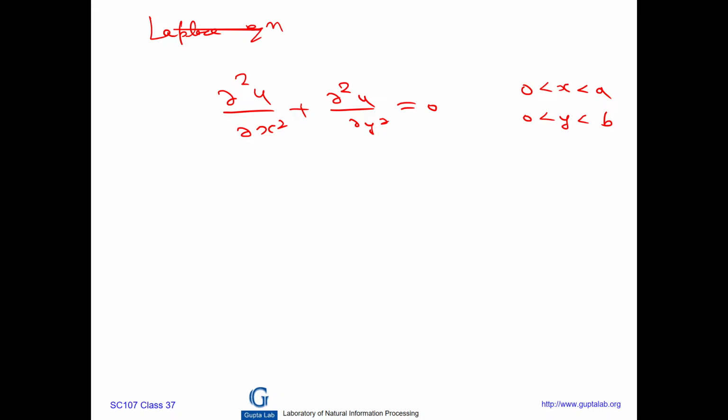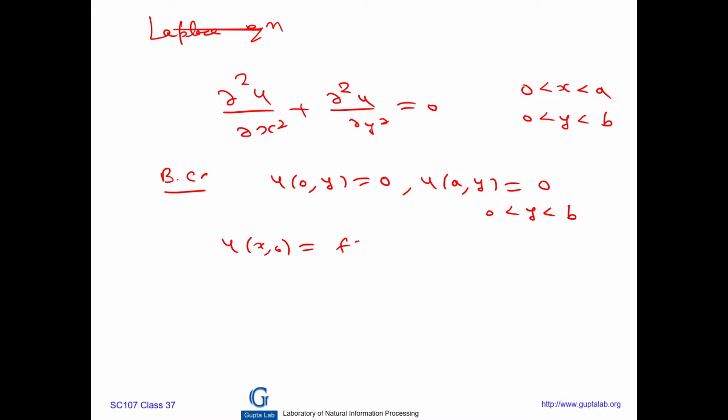I am not going through the physical significance, but there are some boundary conditions given: u(0,y) is equal to 0 and u(a,y) is equal to 0, y lies between 0 and b, and u(x,0) is f of x, u(x,b) is some other function g of x, where x lies between this. Okay? So these are the boundary conditions given in this case.